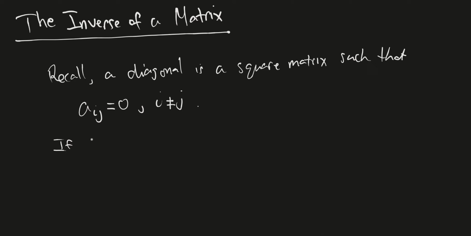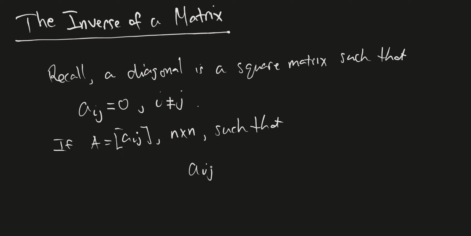So if A is a matrix that looks like this, and let's say an n by n, such that the aij's are defined in this way. And again, it's going to be piecewise, and it's going to be 0 for entries that are not on the main diagonal, so we're going to utilize this, but now we're going to specify what has to be on the main diagonal.